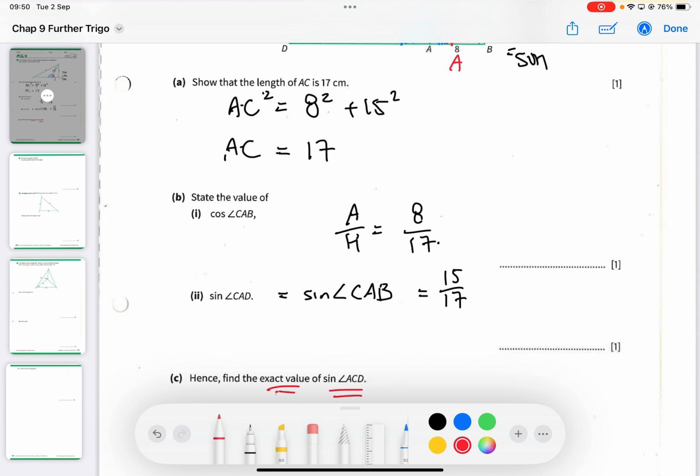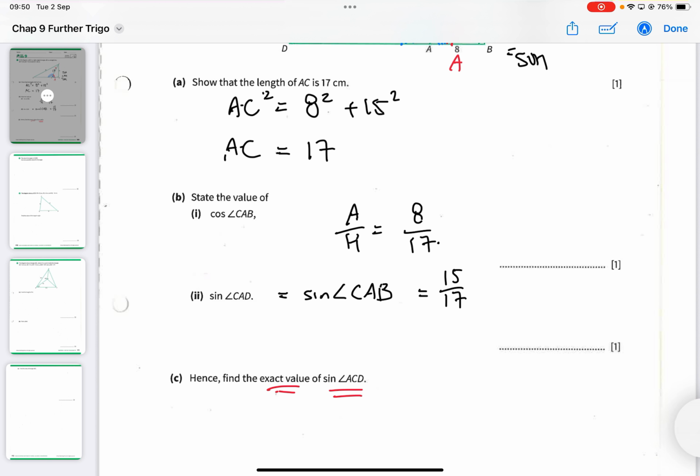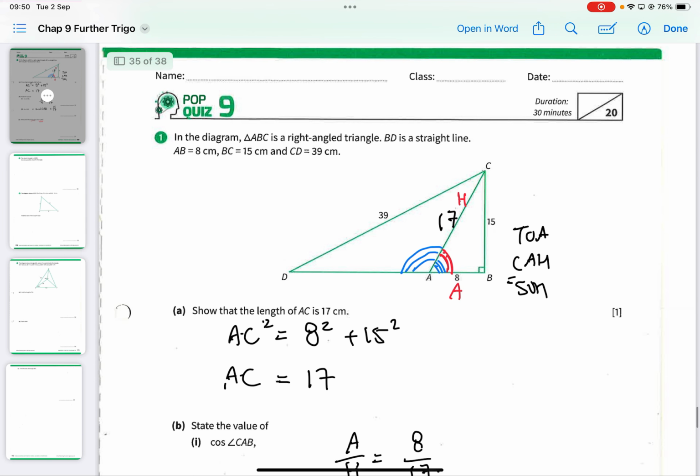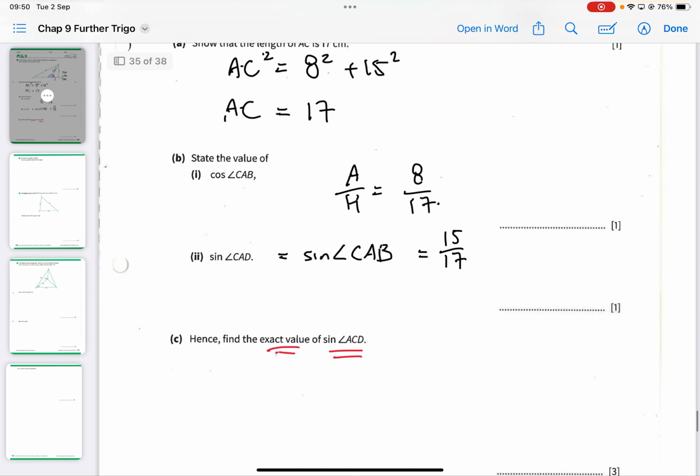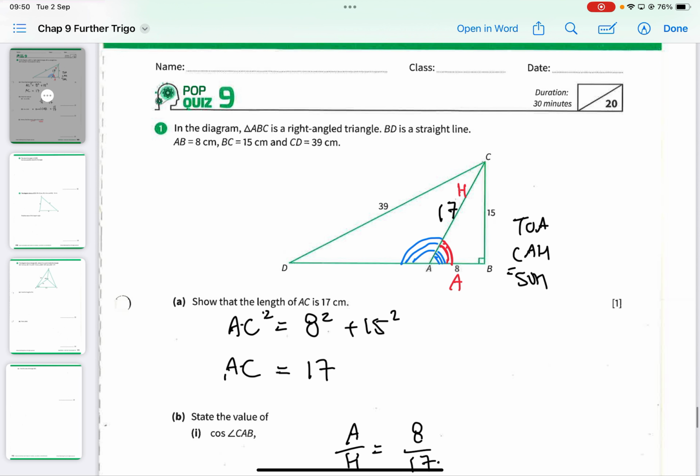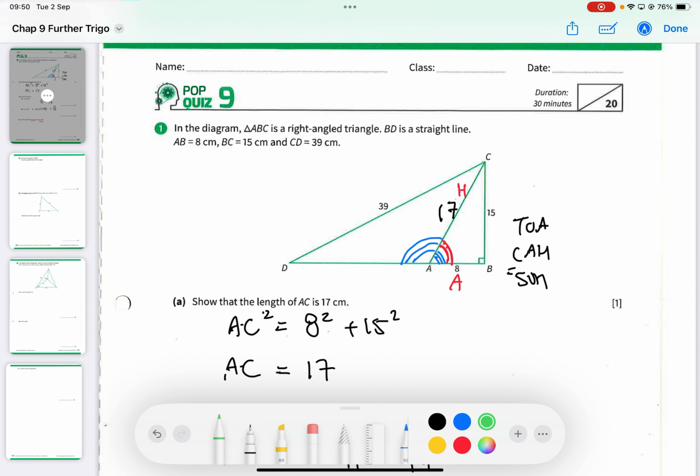You cannot find the angle, then find back the sine. If I cannot find the angle and find back the sine, it is a clue that I must be looking at the sine of angle ACD. I must be trying to find the angle ACD. What is this sine over here?